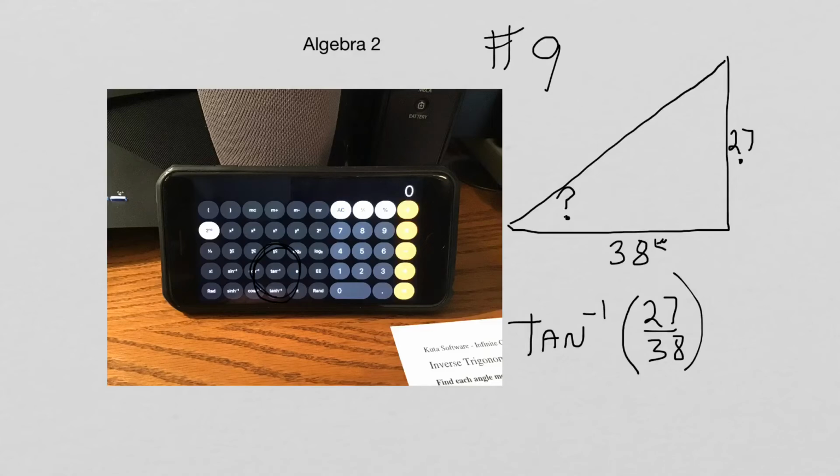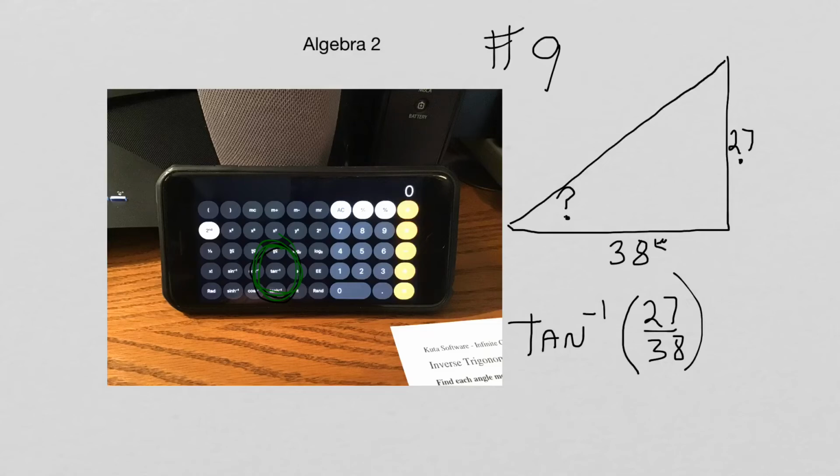Let me make this better. Down here. So, to get the answer for this, to find out the degrees of the question mark, you type in 27 divided by 38 equals, and then hit tan with the little -1 up in the side.